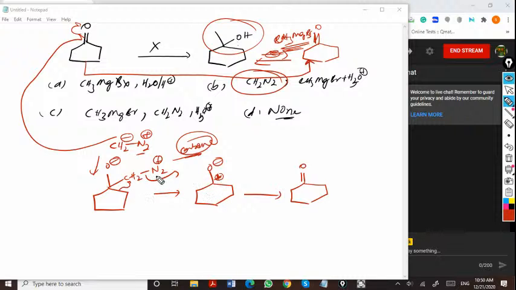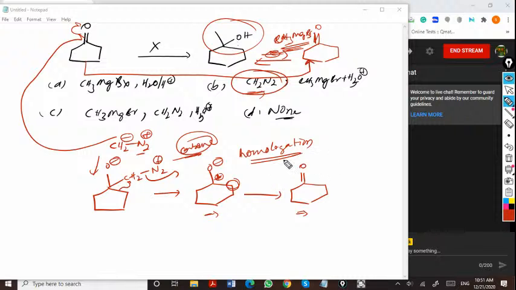The carbene will be rearranged to a cyclohexyl system. Overall it gives one carbon addition. Homologation of the carbonyl is possible with diazomethane. Homologation means addition of CH2, or one extra carbon.